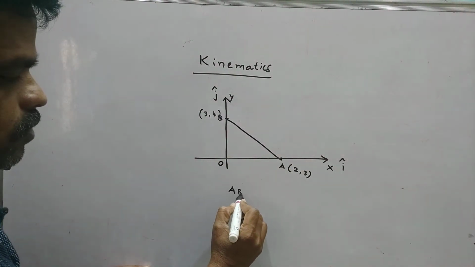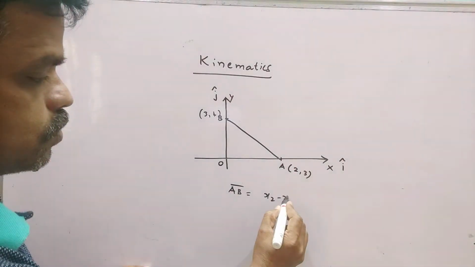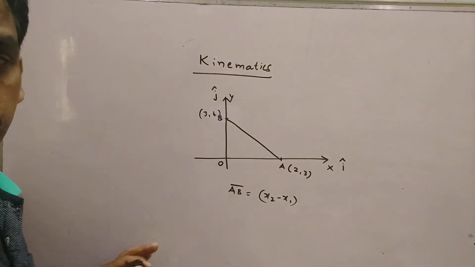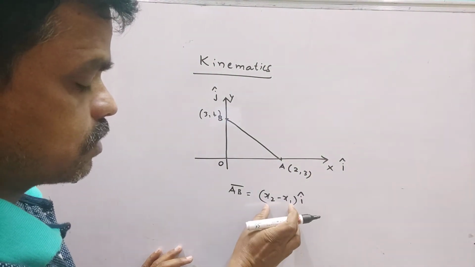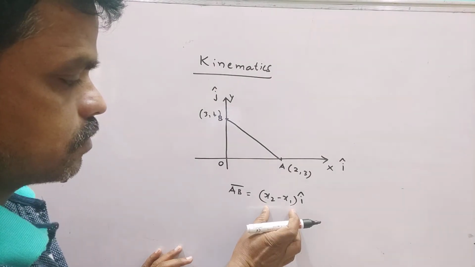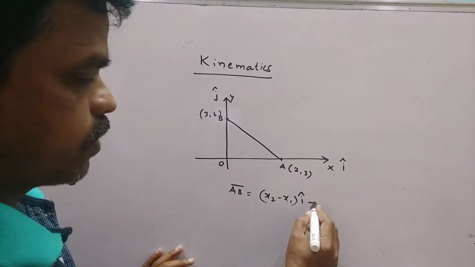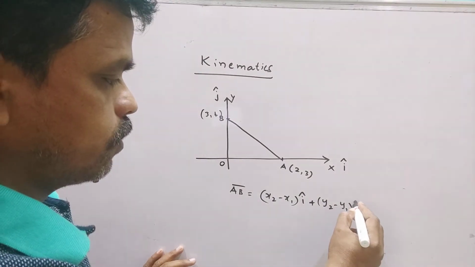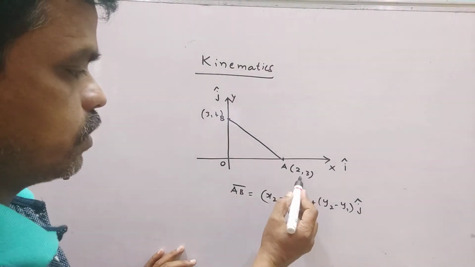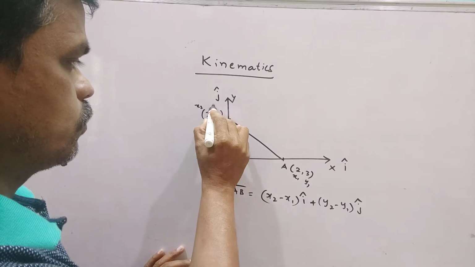So the vector AB is equal to (x2 minus x1) i cap, so these are the x coordinates along the x-axis, plus (y2 minus y1) j cap. So here this is x1, y1, x2, y2.